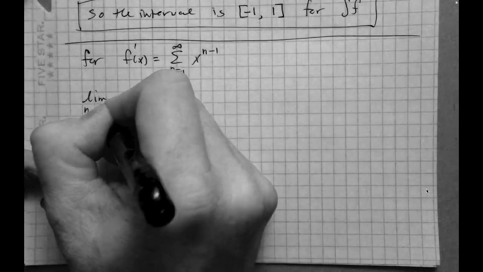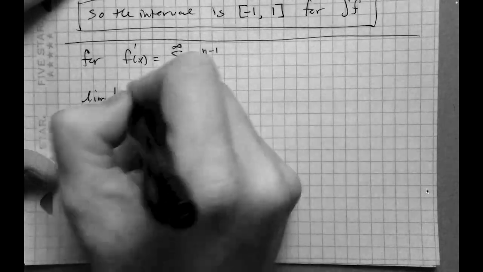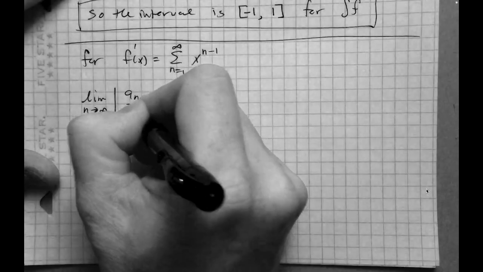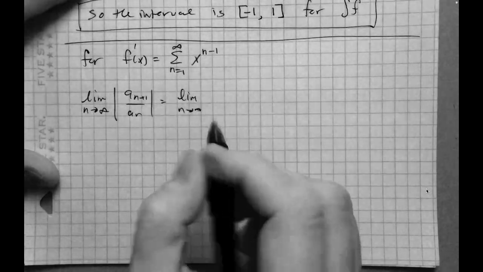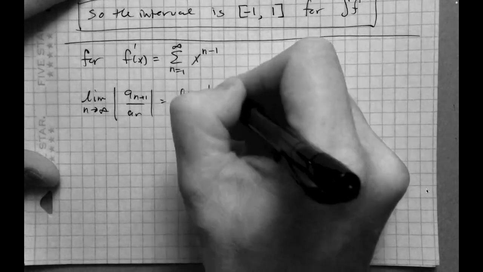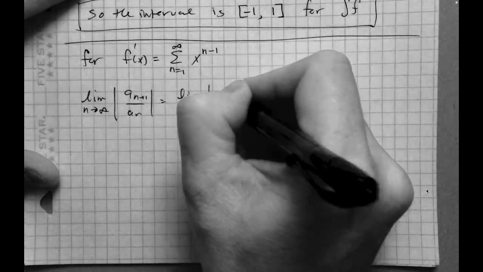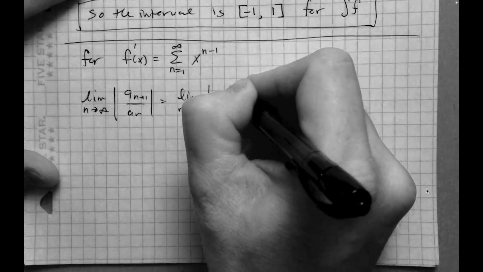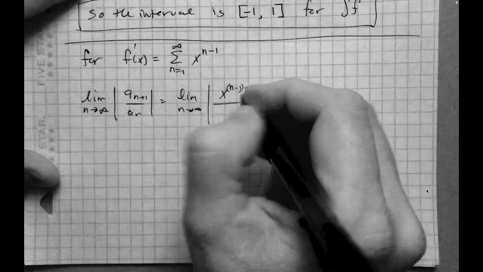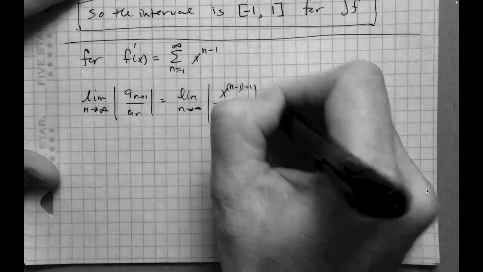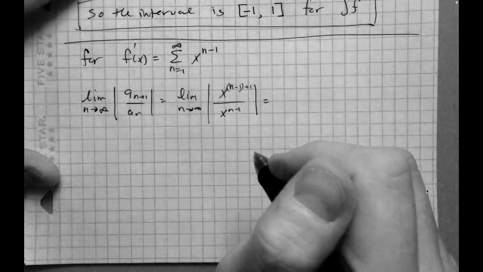So the limit as n goes to infinity of a to the n plus 1 over a to the n, and plugging in the actual term, we get x to the n minus 1 plus 1, divided by x to the n minus 1. Okay, and so what do we get here?